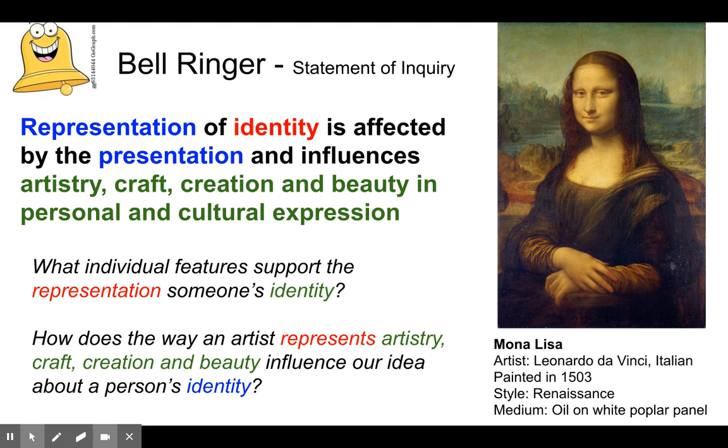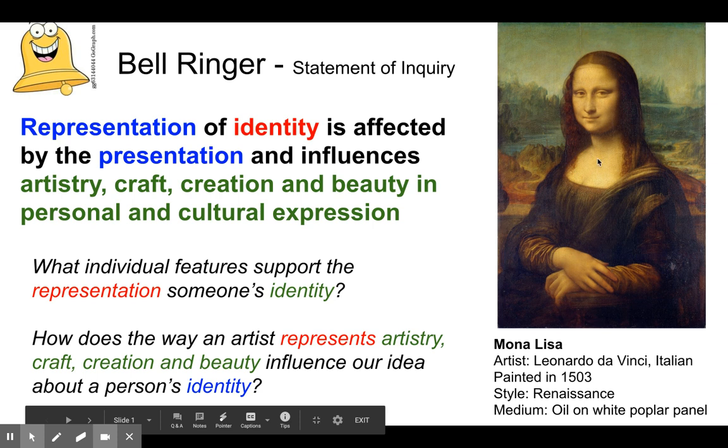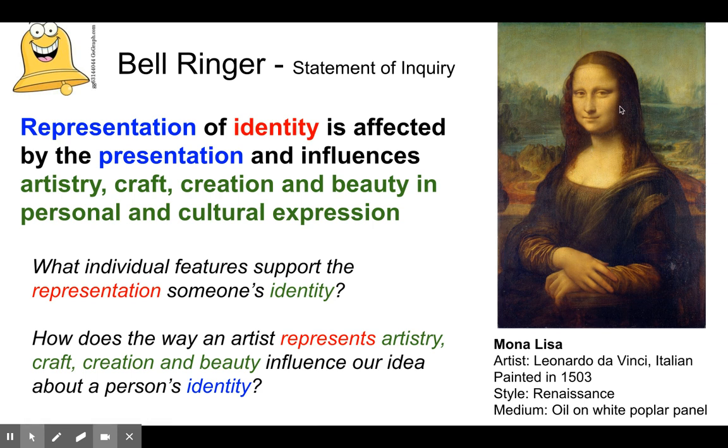Her hair is not all put up in a very formal do, which a lot of time in the 1500s they might. But if you look at this, the artist is trying to portray her as a very serene, calm person. So the artist is representing her in his craft and beauty with her being a very mellow and chill person.